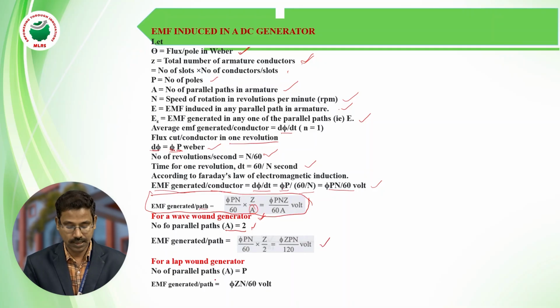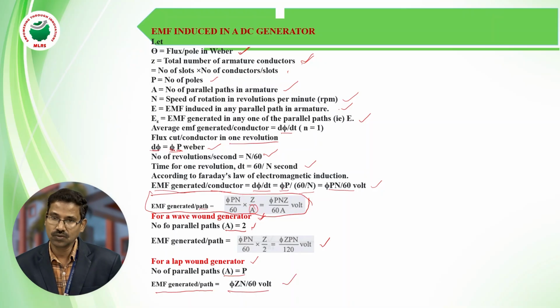And when the generator is connected in lap winding, we know that the number of parallel paths is equal to the number of poles, that is A is equal to P. By substituting A equal to P in the general EMF equation, we get the EMF generated in a lap wound generator as pi Zn by 60 volts.